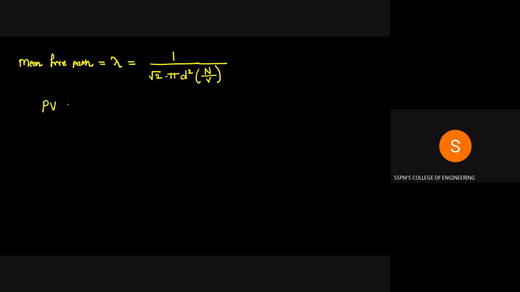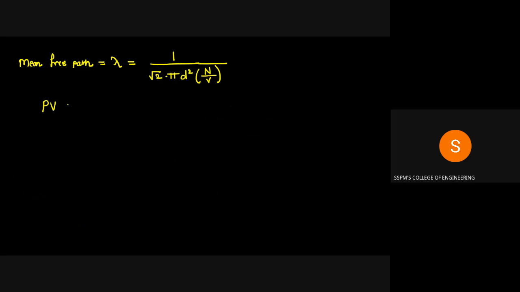The basic equation we have is PV is equal to nRT, or this equation can be written as PV is equal to N Kb into T. Here N is the number of molecules, and Kb is the Boltzmann constant, and its value is 1.38 into 10 to the power minus 23 joule per Kelvin.